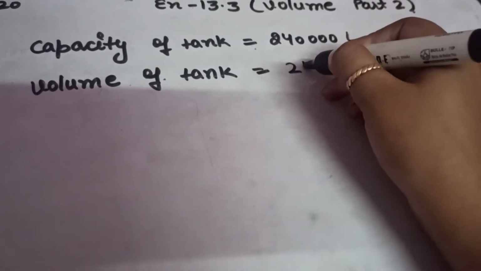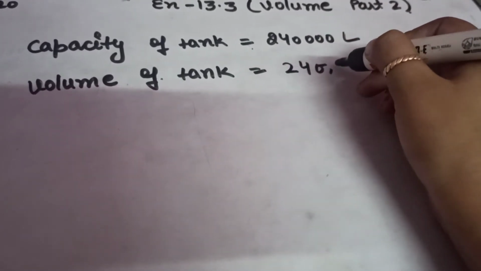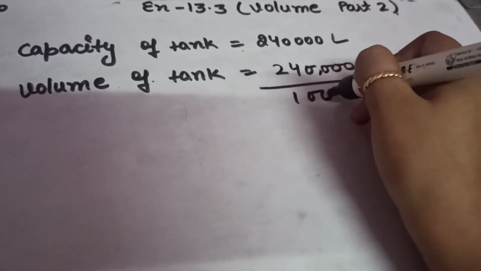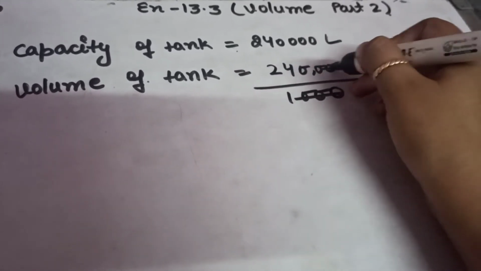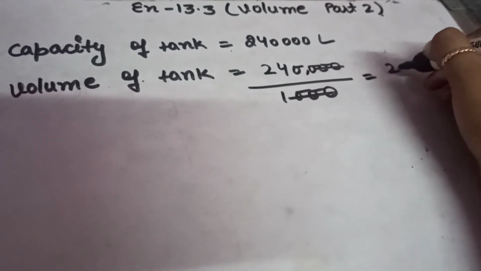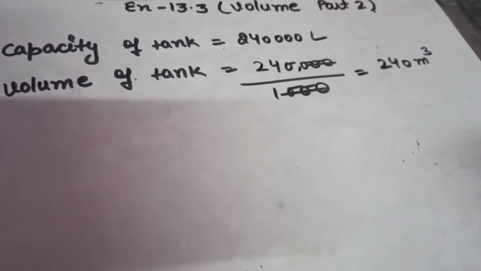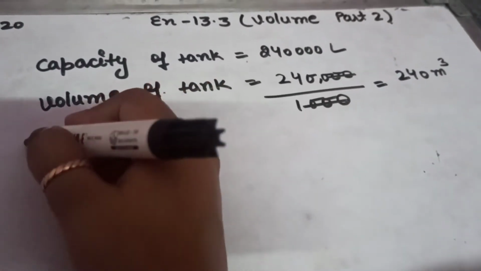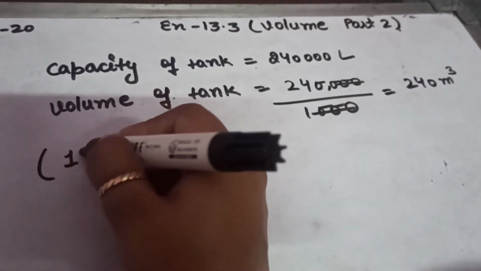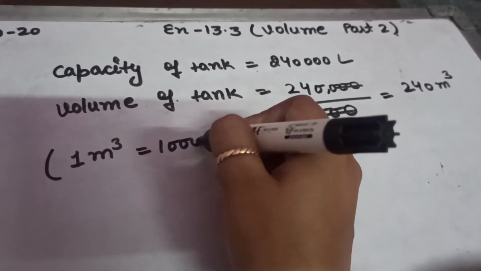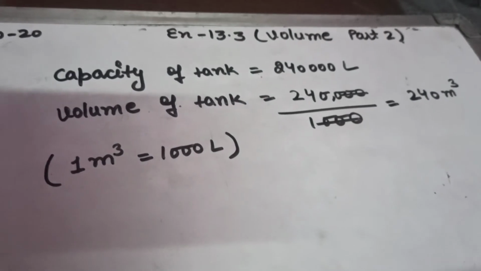We will divide it by 1000. Right? 3 zeros cut by 3 zeros and it becomes 240 meter cube. In the bracket you can also write like this: 1 meter cube equals 1000 liter.